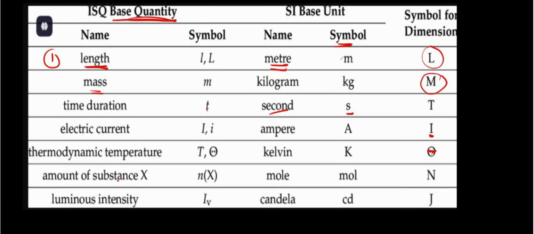And the other one is amount of substance, with symbol n, and the dimension is represented by N.